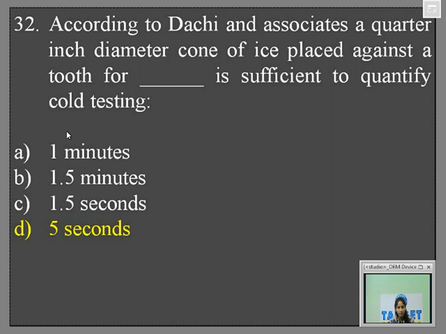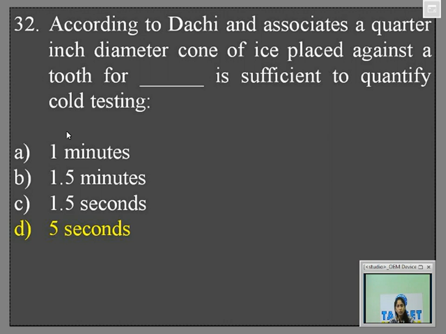That A delta fibers will initially start giving you a sharp pain. As you go on applying your heat, it will be your C fibers which will start showing stimulation, and that is the time when you will experience extremely gnawing, very dull, lancinating kind of pain.